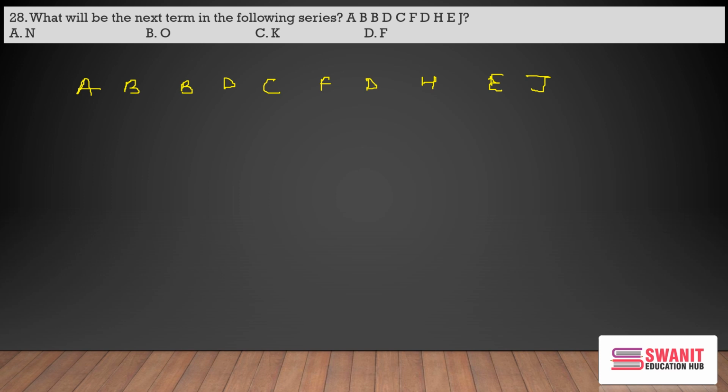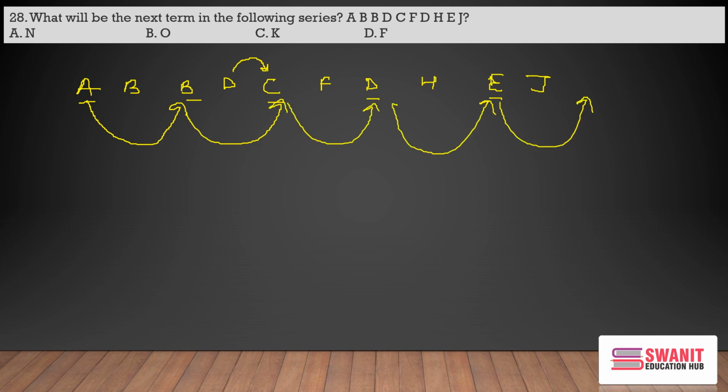After B, we are getting D, and after D, we are again getting C. So it may be decreasing as well. So whenever you see such a pattern, the first thought that should come to your mind is to look for the alternate elements. When you look at the alternate elements, you find that there is a sequence A, B, C, D, E, and hence the next alphabet should be F, and that's my answer to the question.